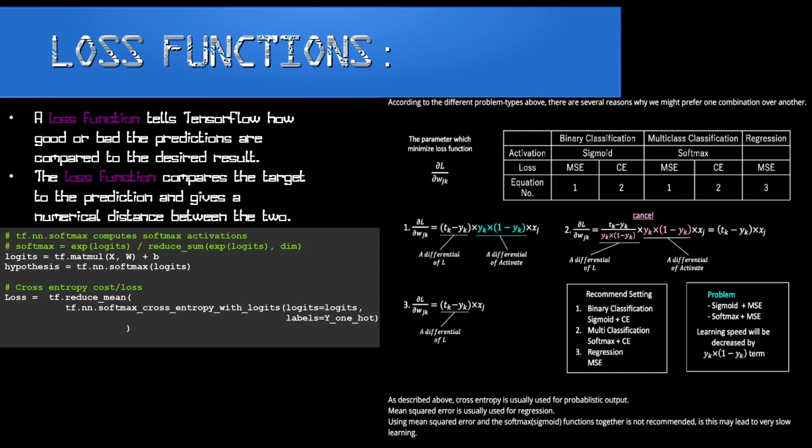And if the equation is of type 2, that is, ∂L/∂w_jk = ((t_k - y_k) / (y_k * (1 - y_k))) * y_k * (1 - y_k) * x_j = (t_k - y_k) * x_j, then you need to use the multi-classification softmax function.